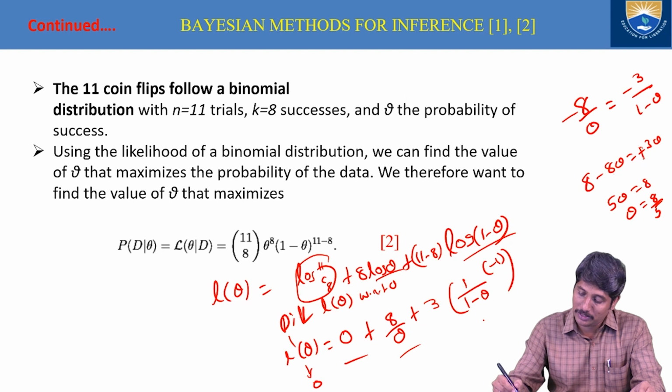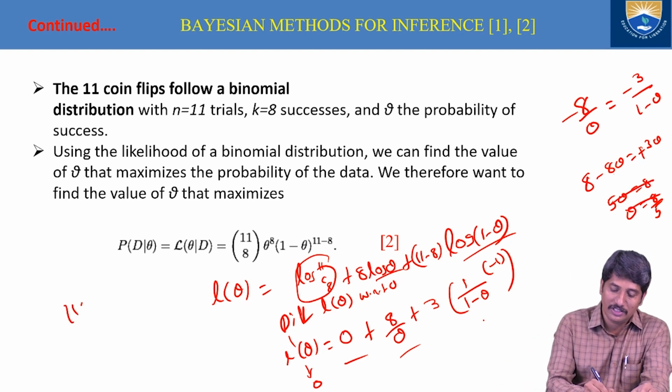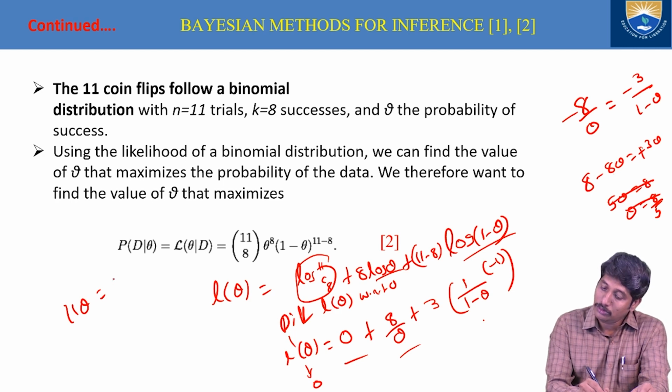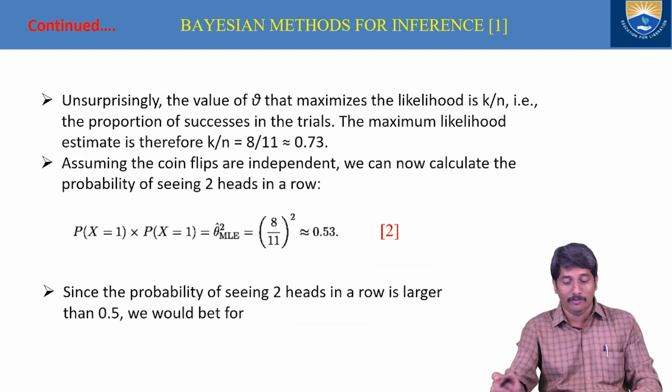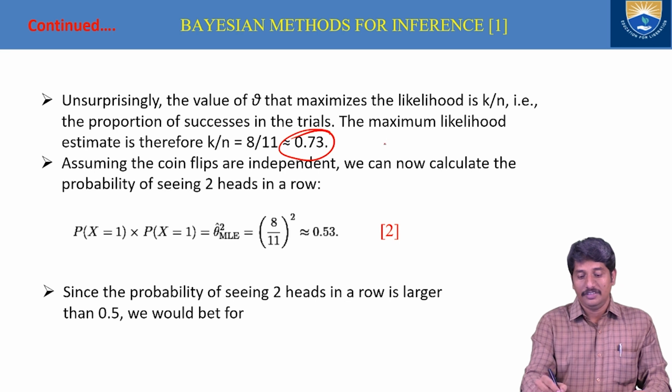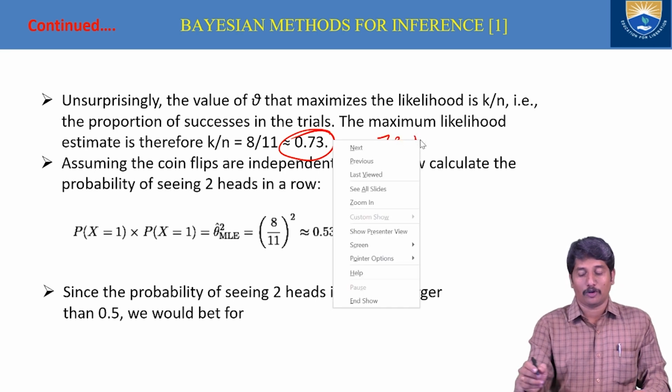That means it becomes 11 theta is equal to 8. So theta is equal to 8 by 11, which is approximately 73%.